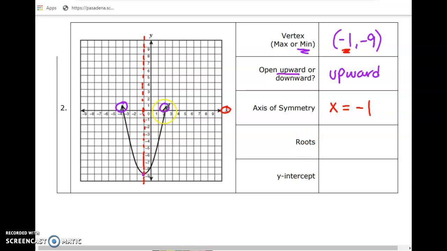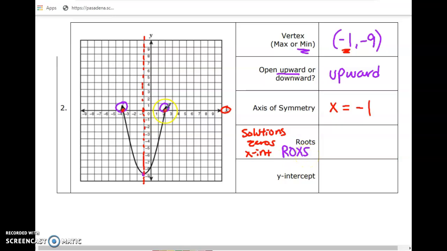Roots, those are right here, zeros, x-intercepts, solutions. I got all tongue twisted. Roots, zeros, x-intercepts, solutions.